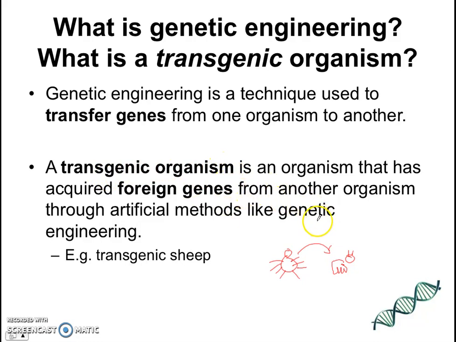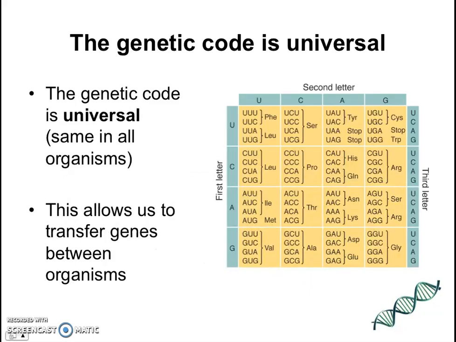A transgenic organism refers to an organism that has acquired foreign genes from another organism through an artificial method like genetic engineering. Now, this transgenic organism may acquire foreign genes from another organism of a different species, or it may actually acquire foreign genes from another organism of the same species, as we shall see later on.